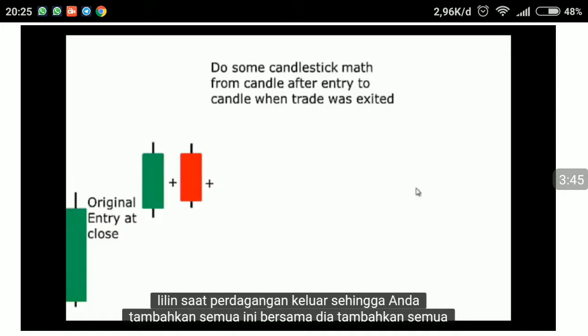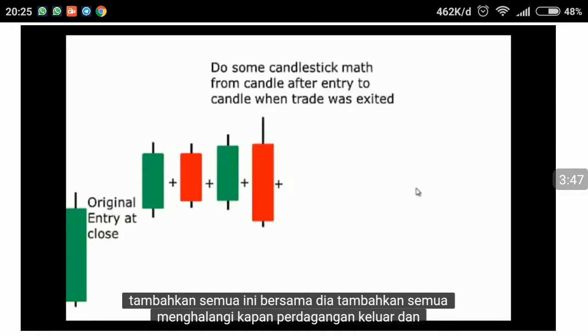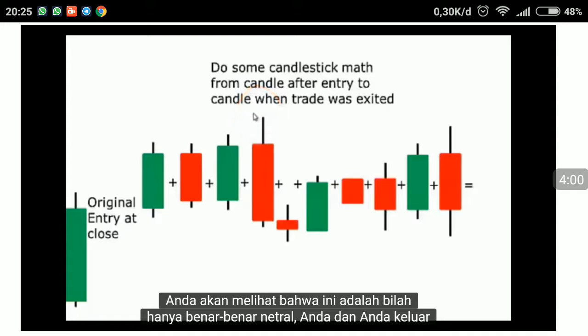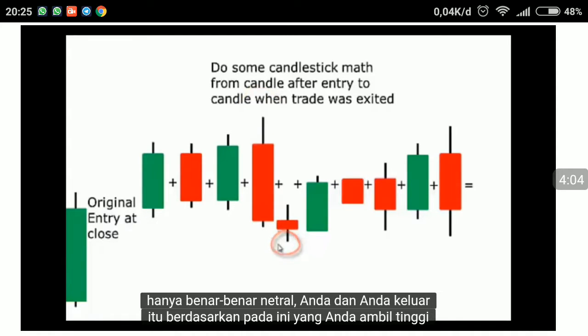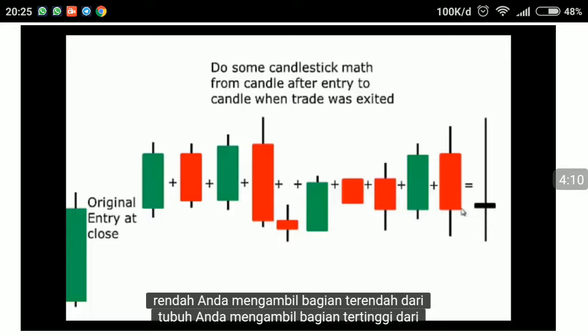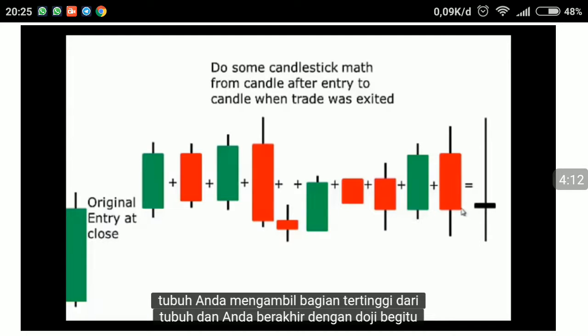So you add all the bars together to when the trade was exited, and you'll see that this is a bar that is really neutral. You take the high, you take the low, you take the lowest part of the body, you take the highest part of the body, and you wind up with a doji.